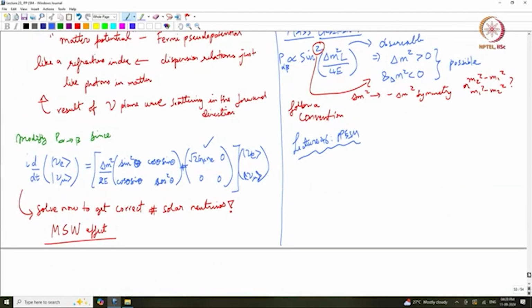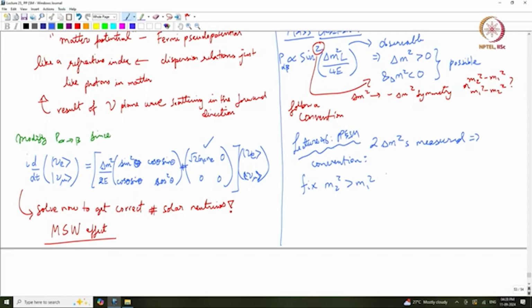You will find that, since there are only 2 delta m squareds measured, you can use the following convention, and be consistent about how you separate the scenarios. What is that? We always fix that m2 square is larger than m1 square. What does that mean?